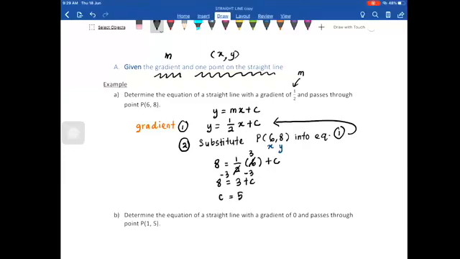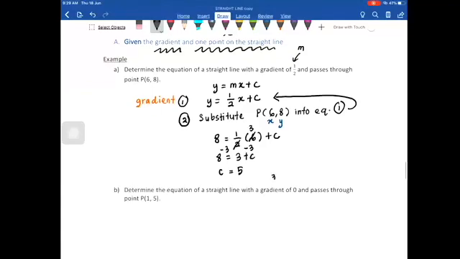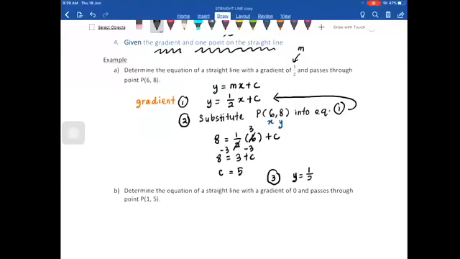So I found my value of c. So my third step would be to substitute c into my equation 1. Jadi dia akan jadi y equals to 1 over 2x plus 5. Settle. That is my equation of a straight line.